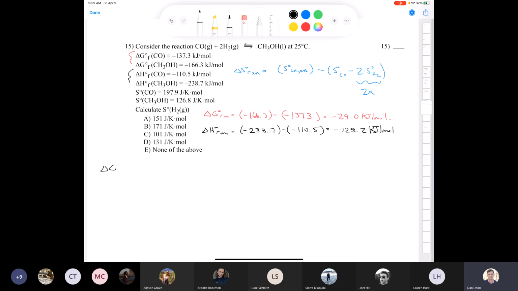We have delta G naught is equal to delta H minus T delta S. So that means that T delta S naught is equal to delta H naught minus delta G naught. Delta S naught is equal to delta H naught, subtract delta G naught, divided by T. We can plug in some numbers now.